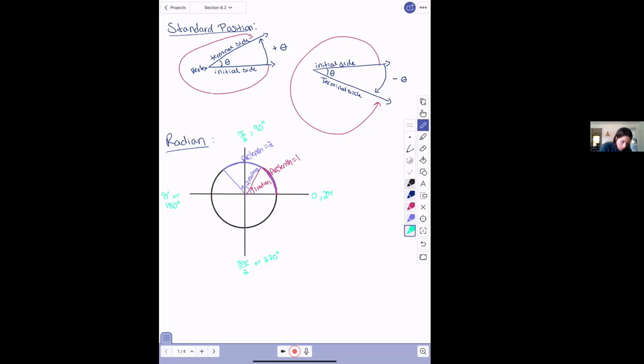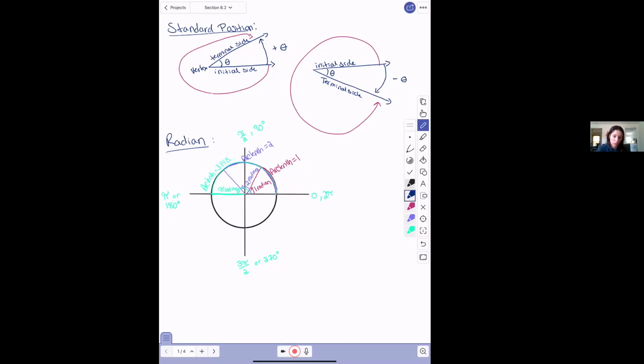So this value here is the arc length, equal to 3.1415, blah, blah, blah, which means that the radian measurement is pi radians. Does that make sense? So that's where pi comes from, but that's also kind of what a radian is, so how we can visualize a radian.